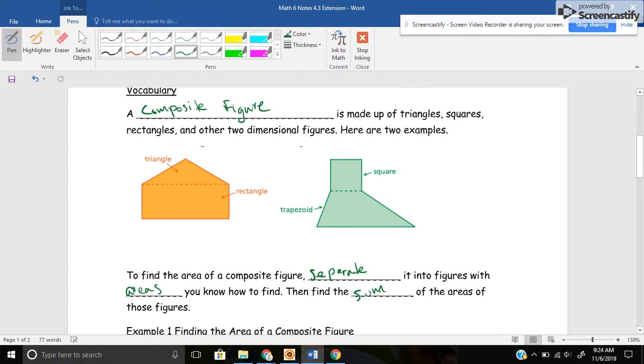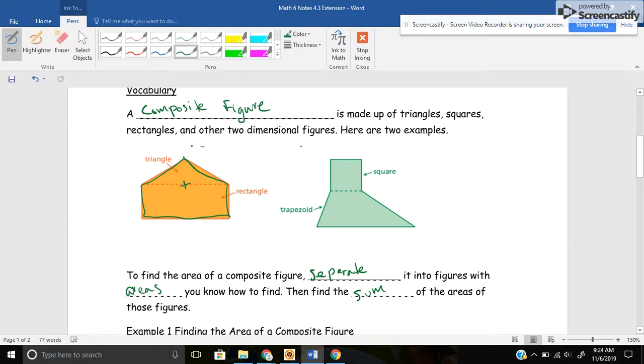So, in other words, I know that a triangle is base times height divided by 2. I know that a rectangle is length times width. Find the area of the rectangle, find the area of the triangle, and then add them together to find the total area of this house looking shape.